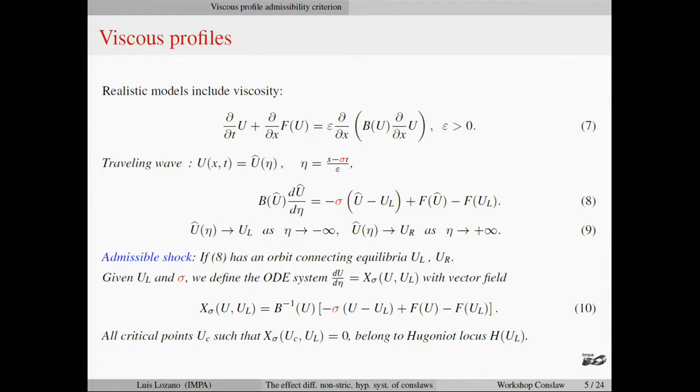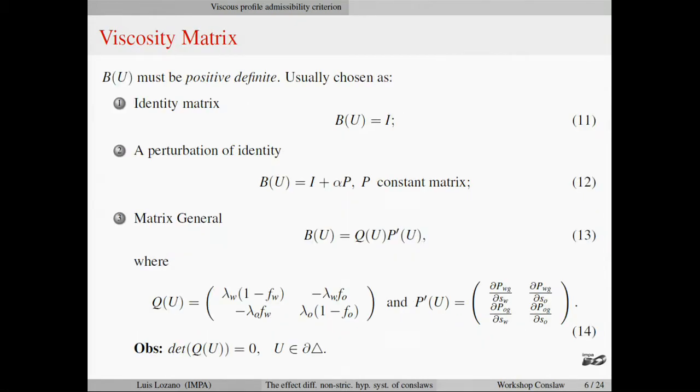If you fix a left state and a sigma, we have an ODE with a vector field. Here I suppose that the matrix B is not singular, but I will address this later. Most of the work uses a viscosity matrix equal to the identity.